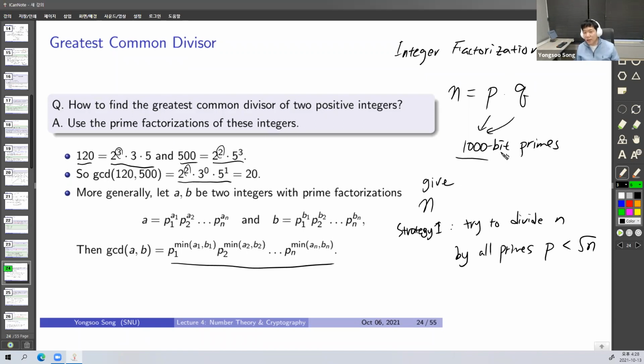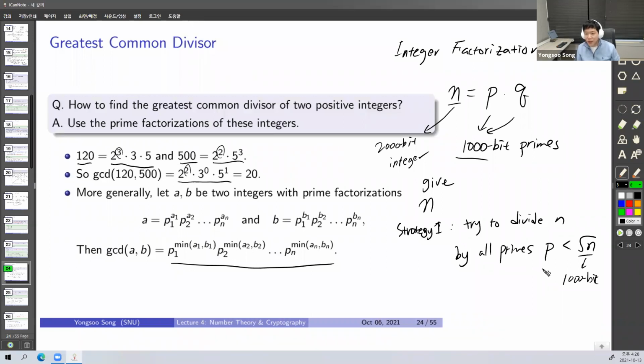If p and q are 1000 bit primes, then this n is roughly a 2000 bit integer, and its square root is again a 1000 bit integer. So we just need to make a list of all primes less than 1000 bits and try to divide n by all such primes. And how many primes are there?